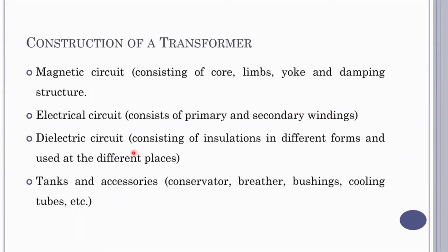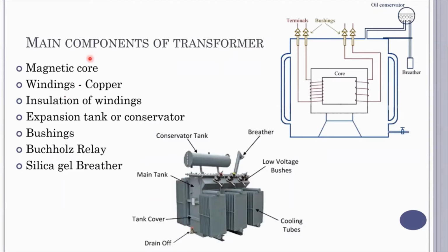And the dielectric circuit, which offers insulation between the different parts of the transformer. And apart from that, we have tanks and accessories, like conservator, breather, bushings, and cooling tubes, etc. So let's see what they are. And from this, we have jotted down the major components of a transformer.